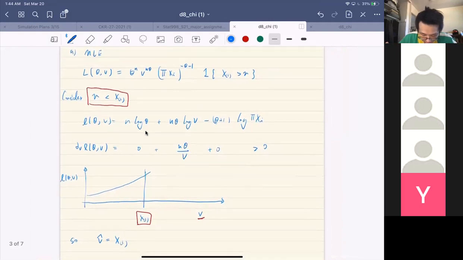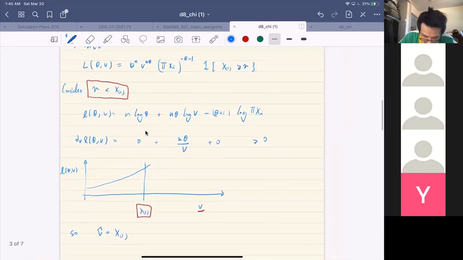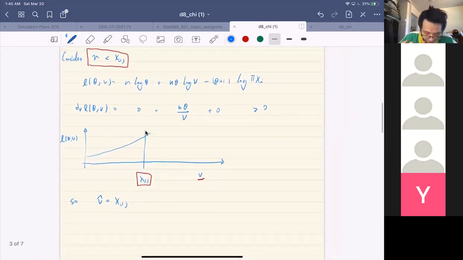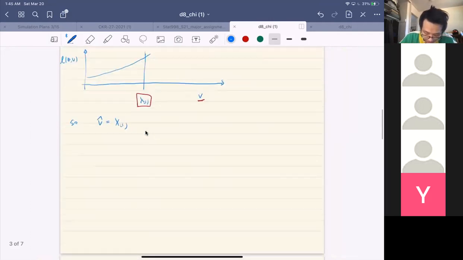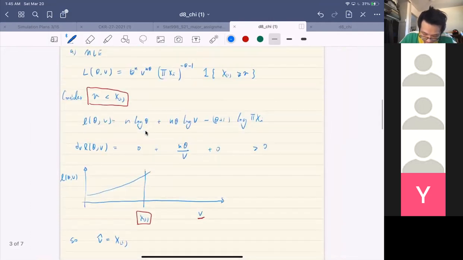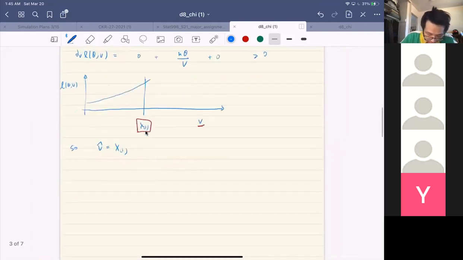So now we can plug in V. Sorry, V hat equal to S1, and we can solve for theta. So let's find the derivative with respect to theta.